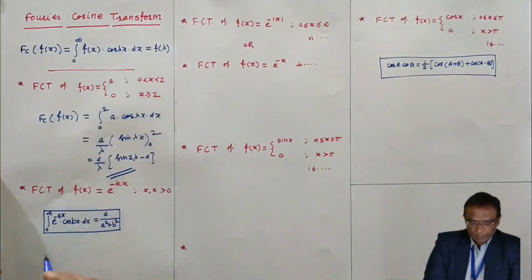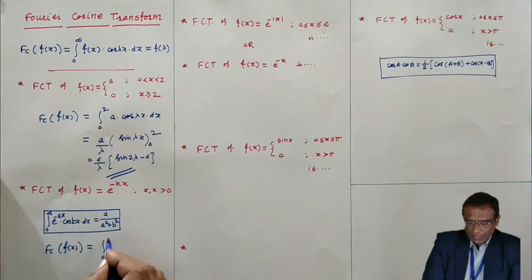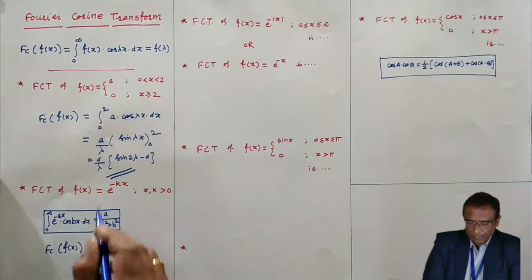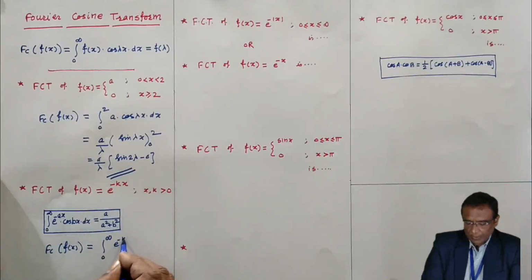Now the same thing here, as we have done in the Fourier sine transform. The Fourier cosine transform of f(x) is integral 0 to infinity. Here x varies from 0, x is greater than 0, means x varies from 0 to infinity. f(x) cos(lambda x) dx.